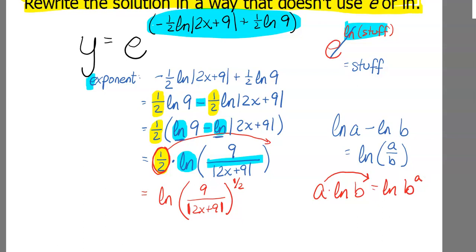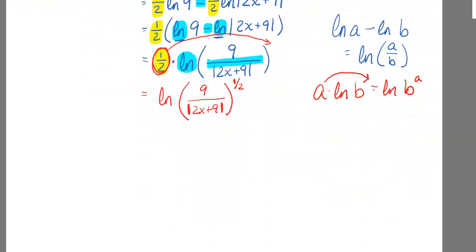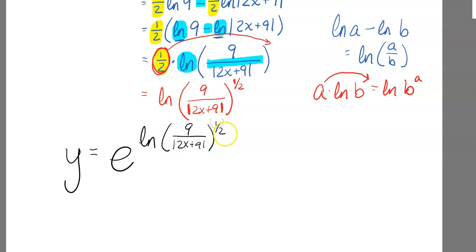But all of that was just to deal with the exponent in the answer we found a minute ago. And that exponent was thrown on a base of e. But by rewriting that exponent, now when we throw it on a base of e, now it is exactly what we want. It's a base of e, natural log of some stuff. Now I can cancel those.